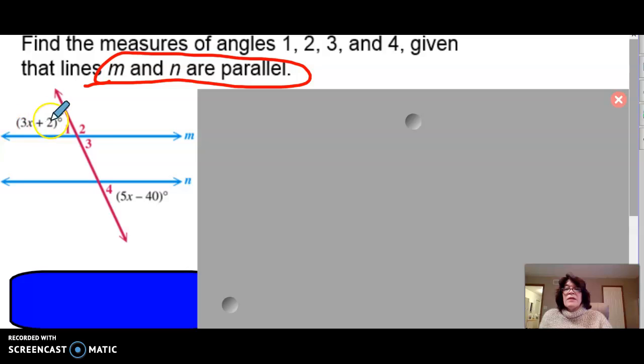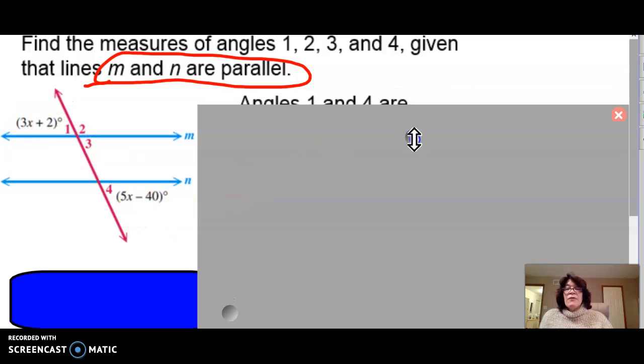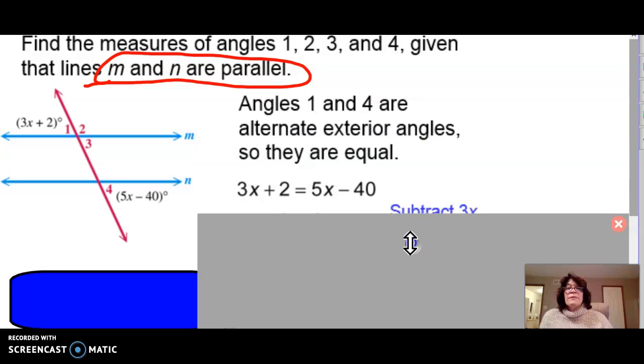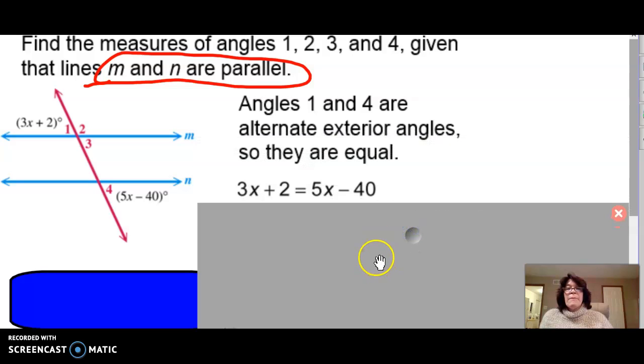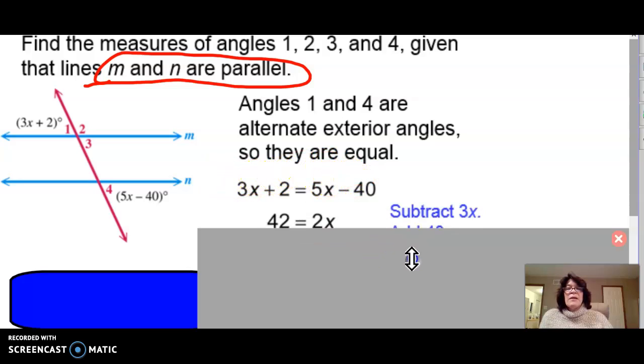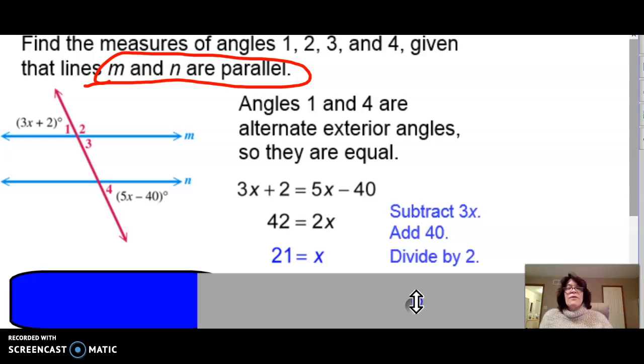They give us an algebraic expression. Think about what kind of angles 1 and 4 are. Alternate exterior angles, so they're equal. So 3x plus 2 should equal 5x minus 4. We subtract and divide, and we get that x is 21.